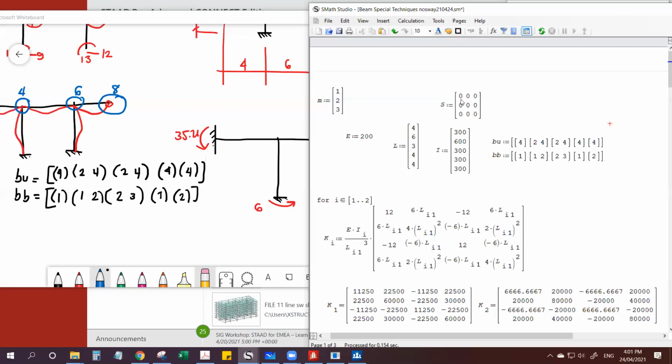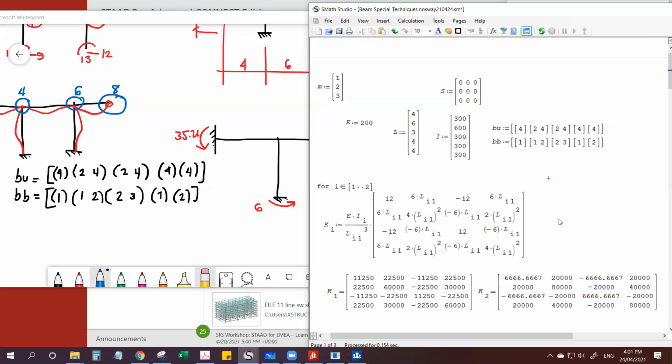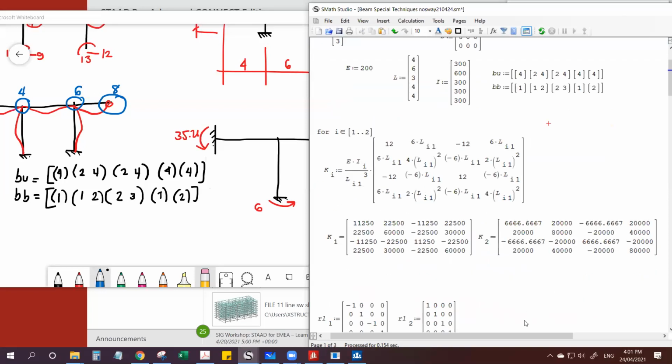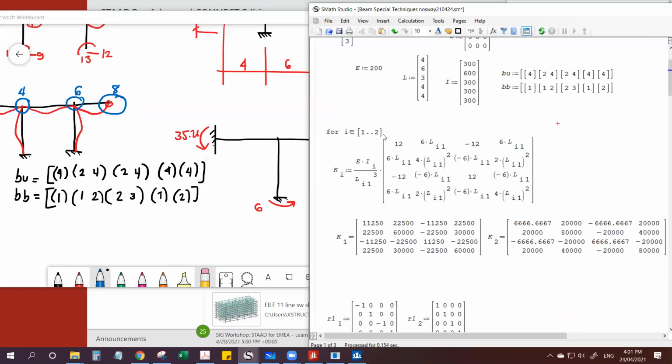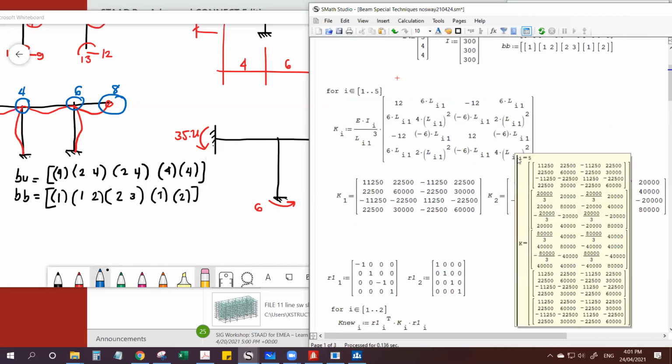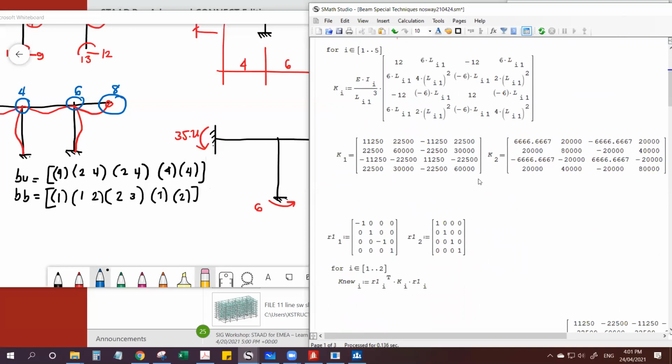But you can automate this. Then how many members? We have 5. Loop 1 to 5. Okay, so we have our K.